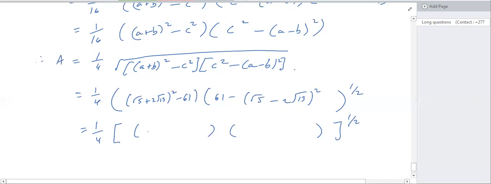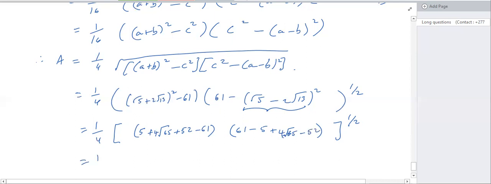So we have 5 plus 4 root 13 times root 5 is square root of 65, plus 4 times squaring this, 4 times 13 will give me 52 minus 61. 61 minus, I'm opening this entire thing up here, minus 5, minus 4 root 65 plus 4 times 13 is 52.